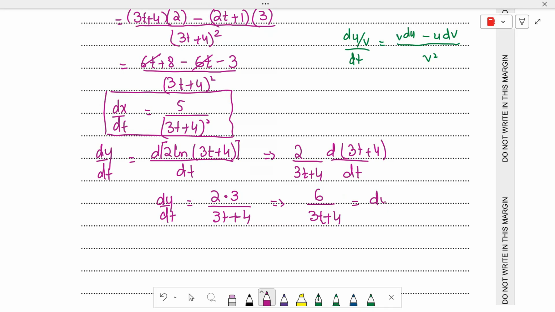And this is dy/dt. We have calculated dy/dt, the derivative of y with respect to t, and dx/dt, the derivative of x with respect to t.